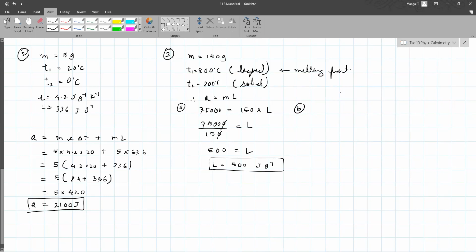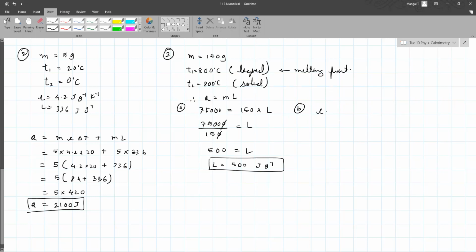Now in B, what you have, the specific heat capacity of the metal is given, that is 200. Just a minute. So 200 is the specific heat capacity of the metal, and the temperature drops from 800 to -50. So what is the change in temperature?